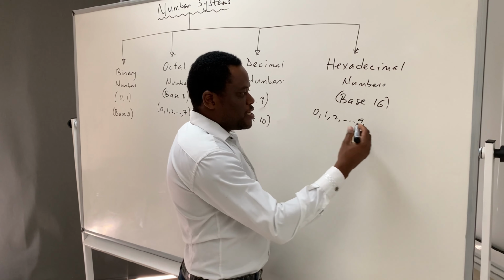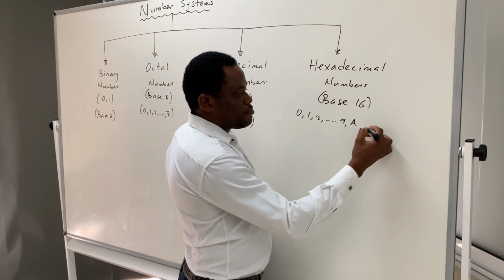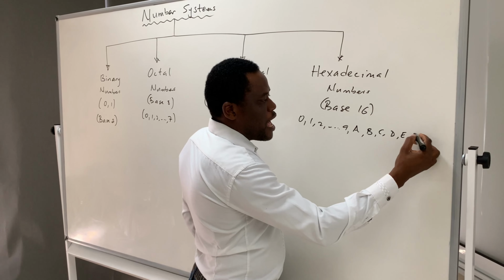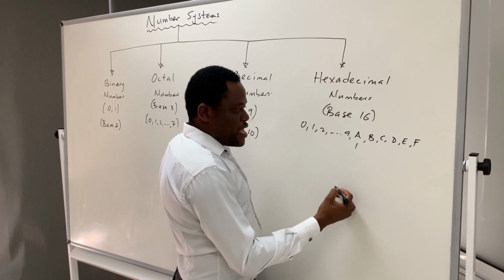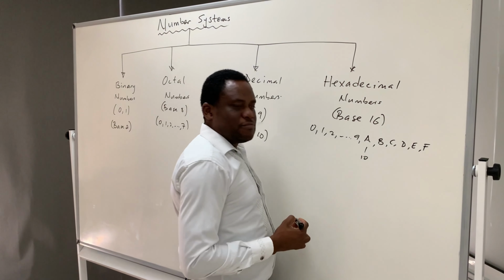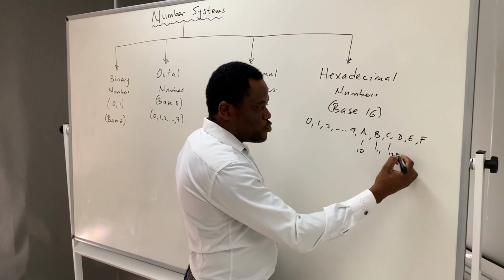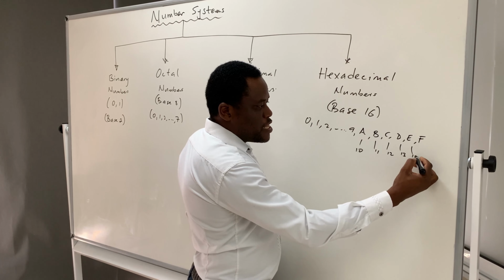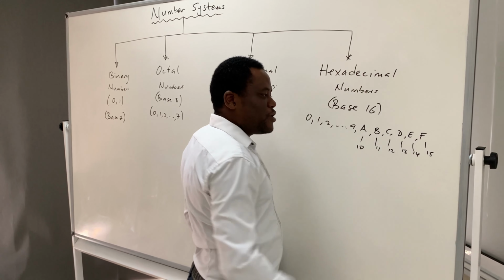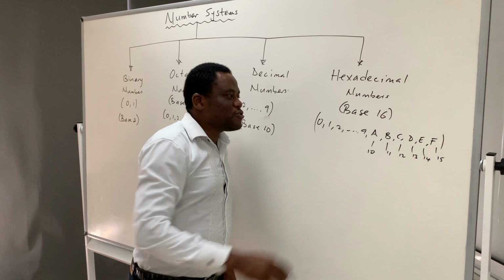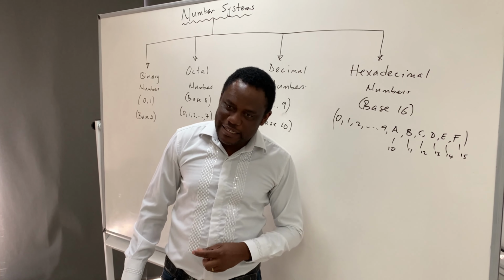So instead of 10, we have A, B, C, D, E, and F. A means 10, B means 11, C 12, D 13, E 14, and then F is 15. So these are the numbers that consist of hexadecimal.